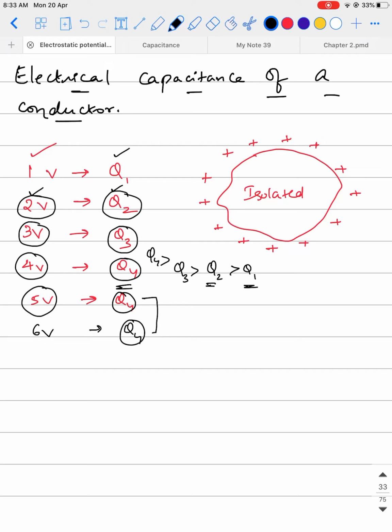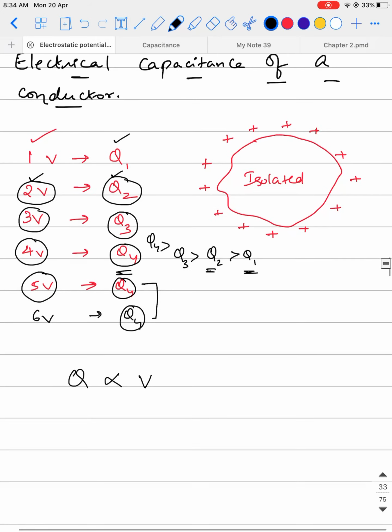From this we can come to an important conclusion. The charge deposited on the conductor is directly proportional to the potential that you have applied.